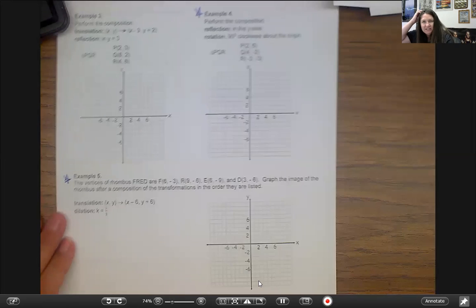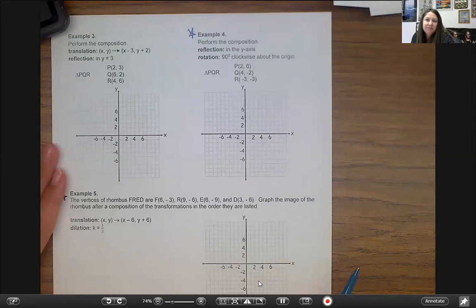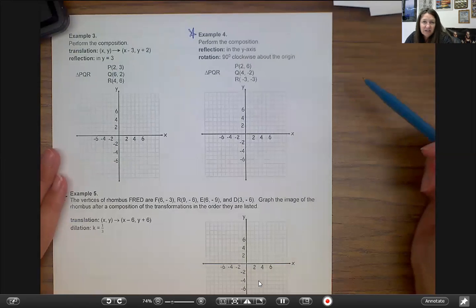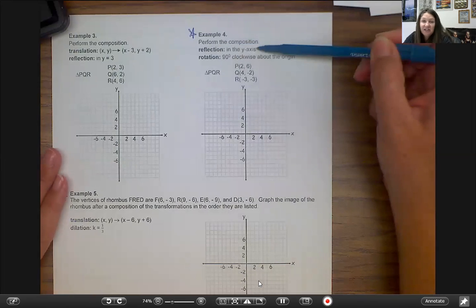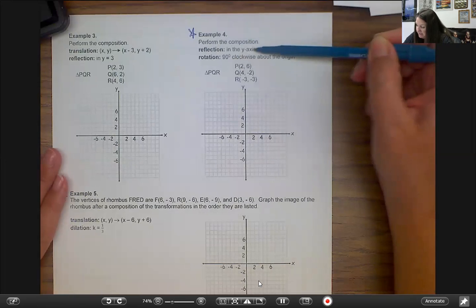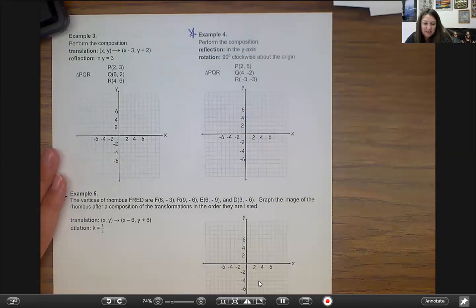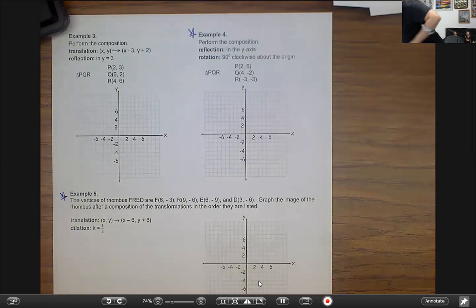All right, we're going to look at another example here. This time in our composition, we are asked to perform the reflection first and then our rotation. And a good idea to have with you, let's see if I have my copies out.